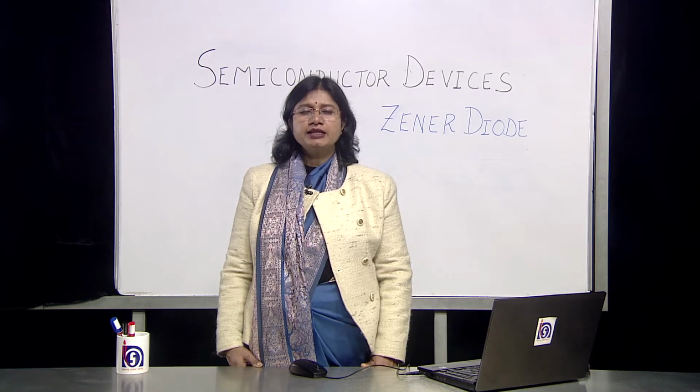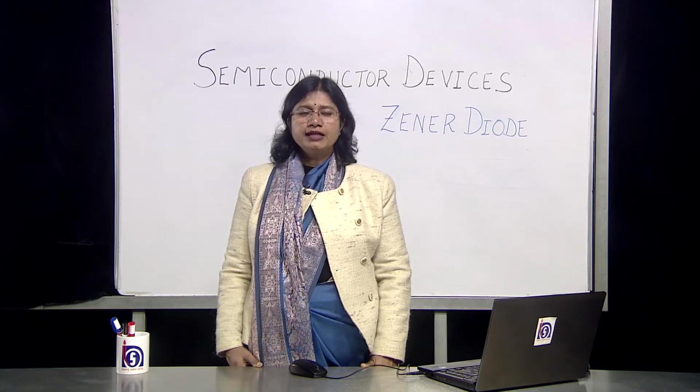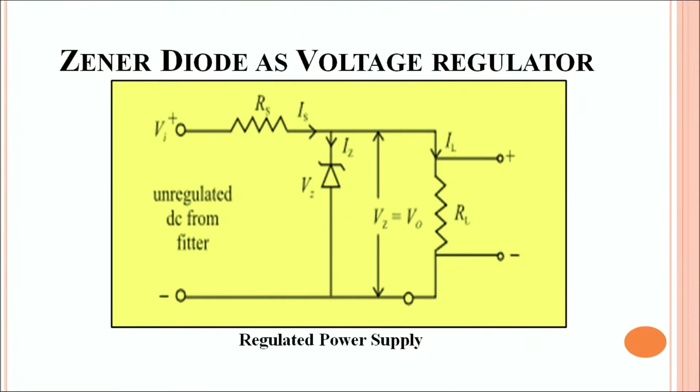Let's understand the working of a Zener diode via the circuit diagram. In this circuit diagram, the Zener diode is connected in reverse bias via the unregulated DC which we obtained from the filter.